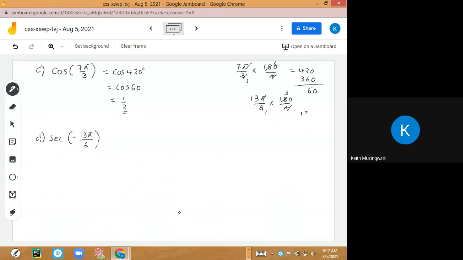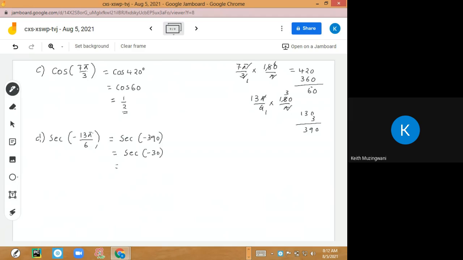So we say 13 times 30, that's 390. So we are dealing with sec negative 390. So when we add 360, this will be the same as sec negative 30.